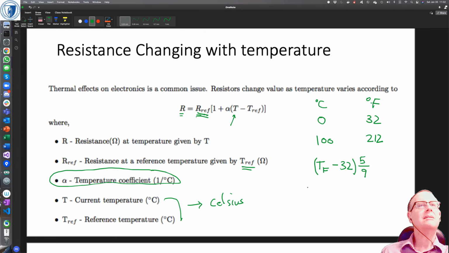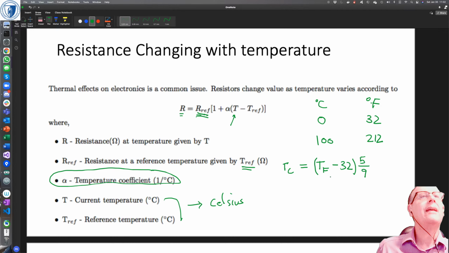Okay, so that gives the temperature in Celsius. So when the Fahrenheit temperature is 32, 32 minus 32 is 0, times 5 on 9 is obviously 0. When the Fahrenheit temperature is 212, minus 32 is 180, divided by 9 is 20, times 5 is 100.